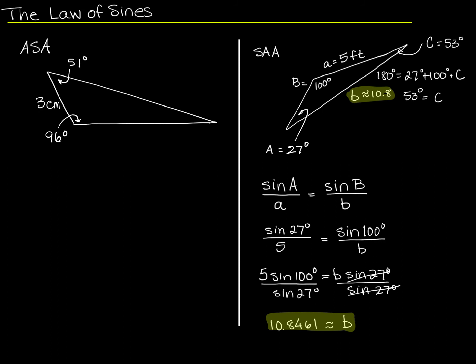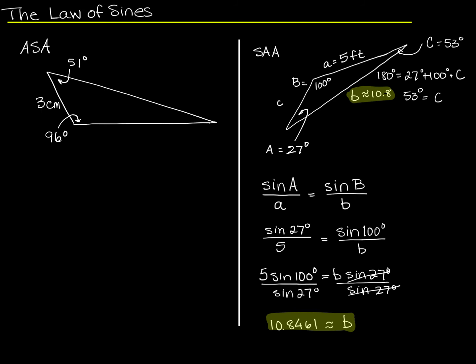Well, that was easy. But now notice that I could use the law of sines again to find side C. I know that the angle C is 53 degrees, and I have an angle and a side opposite each other, one of which is missing, right?